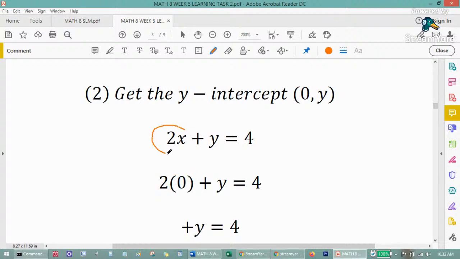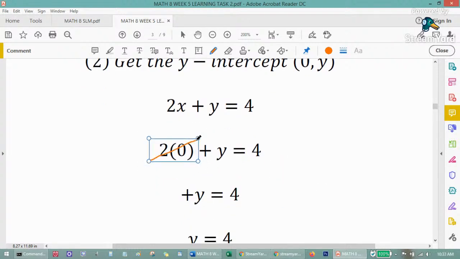Kasi ang ibig sabihin ng 2x is 2 times x. Eh, since yung x ay papalitan natin ng 0, magkakaroon tayo ng 0 dito. So, ibig sabihin, 2 times 0. And then the rest, plus y is equal to 4, kokopyahin lang natin.